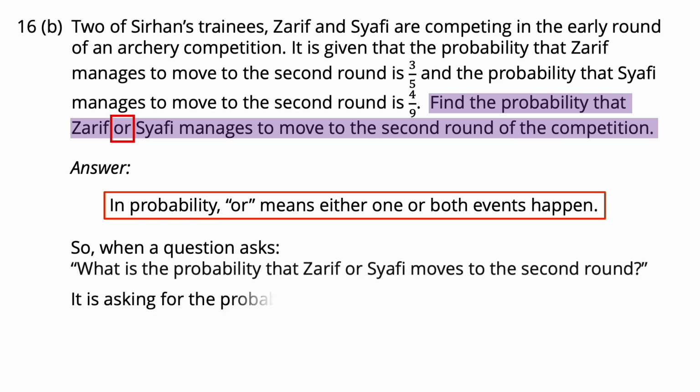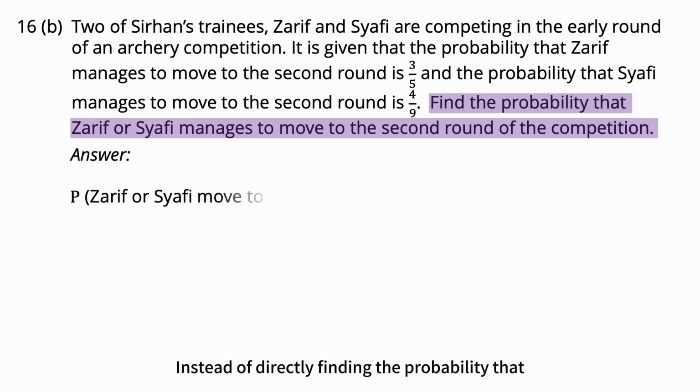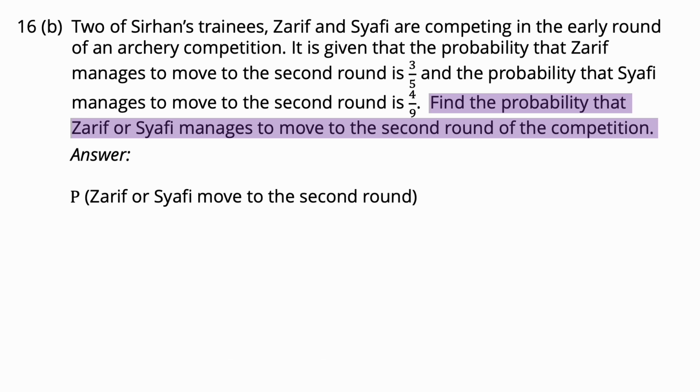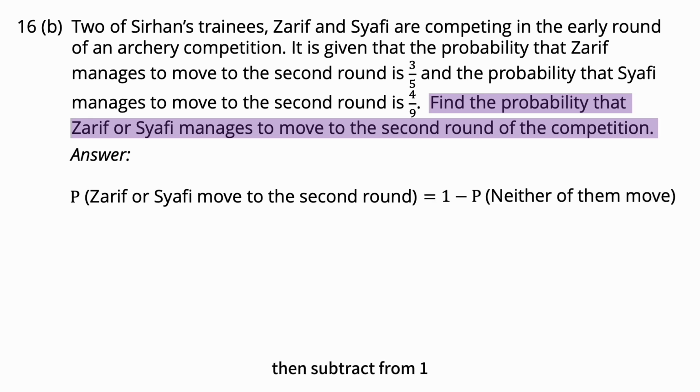It is asking for the probability that Zarif moves, or Shafi moves, or both move. Instead of directly finding this probability, we calculate the probability that neither of them moves, then subtract from 1.